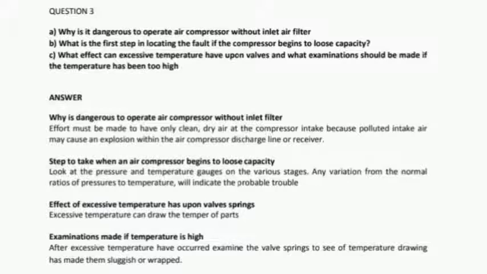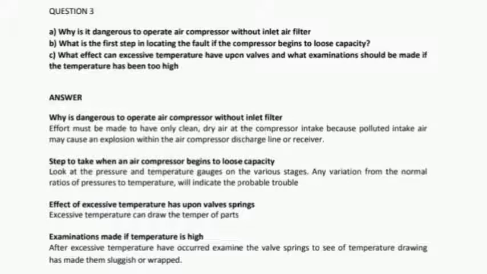Steps to take when an air compressor begins to lose capacity. Look at the pressure and temperature gauges on the various stages. Any variation from the normal ratio of pressure to temperature will indicate the probable trouble.